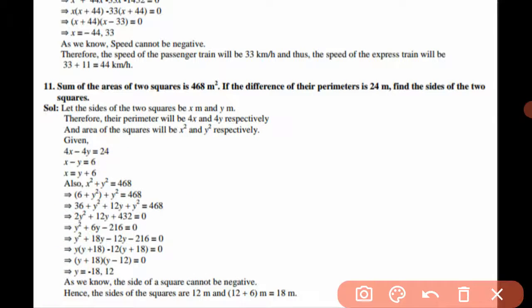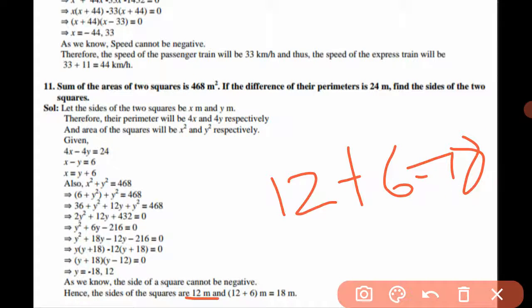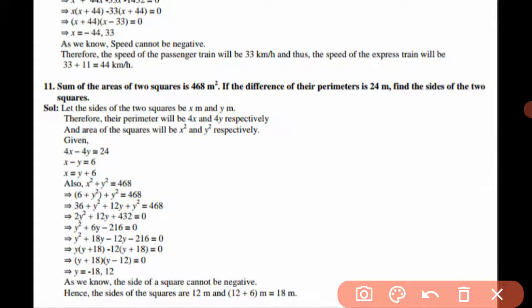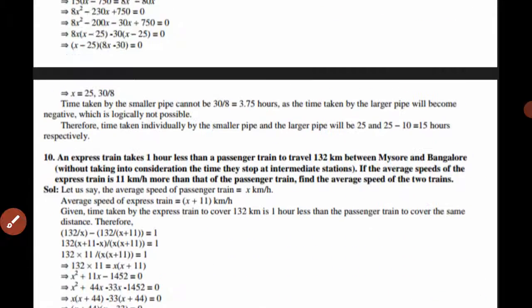By solving we can find the value of y will be minus 18 and 12. As we know that the side of a square cannot be negative, we will take it as 12 meter. Now if one side is 12 meter, then the other side will be 12 plus 6, that is 18. So in this way the sides of the two squares will be 12 meter and 18 meter. So in this way your exercise is also complete.